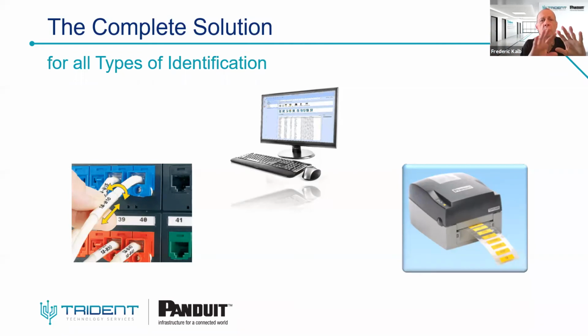So we really cover the full spectrum of identification. Do not hesitate to contact Trident, the Trident team, or even myself, if you have questions or interest in these type of solutions.